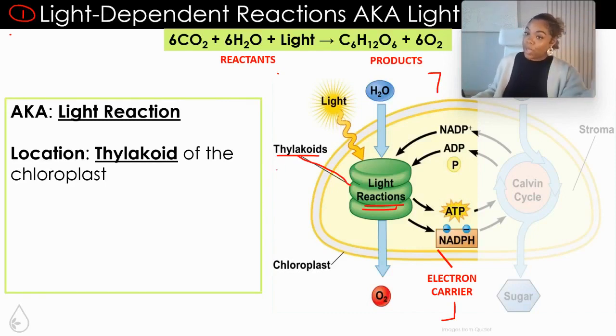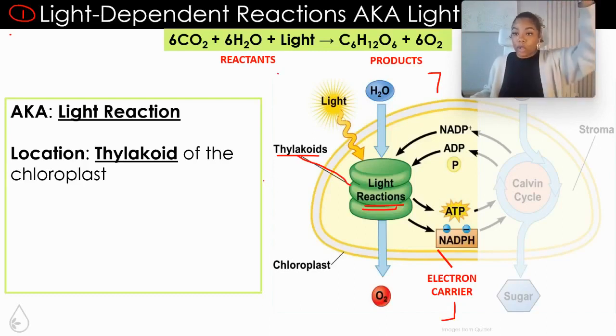Now that we know the location, let's go into the reactant. What is being taken in during this stage? And we know if something is being taken in because the arrows should be pointing towards the process. So here's light reactions. We see the arrows from light, and I see an arrow pointing in from water. And I also see some arrows pointing in from NADP plus and ADP.